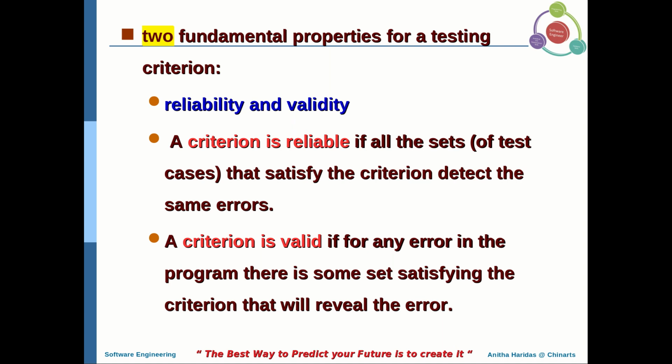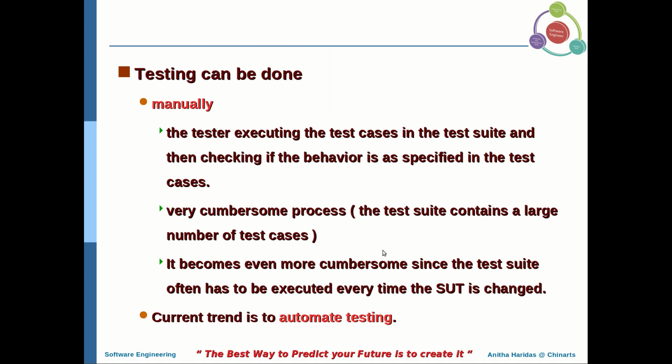If for any error in the program there is some set satisfying the criterion that will reveal the error. If the criterion's test cases reveal that particular error, then you say the criterion is valid. So that is how you are going to design the selection criteria.